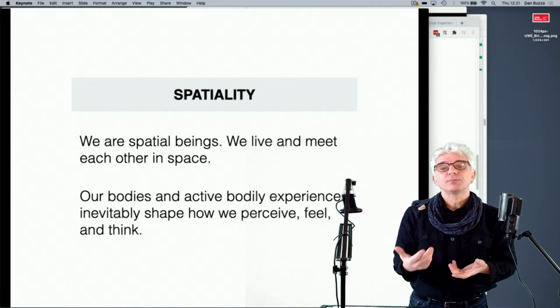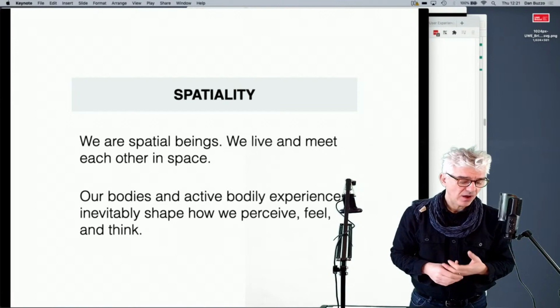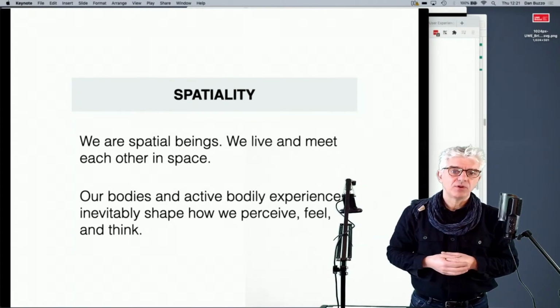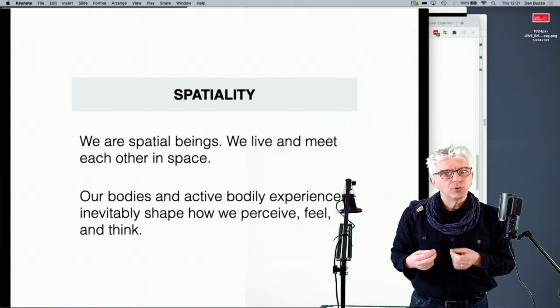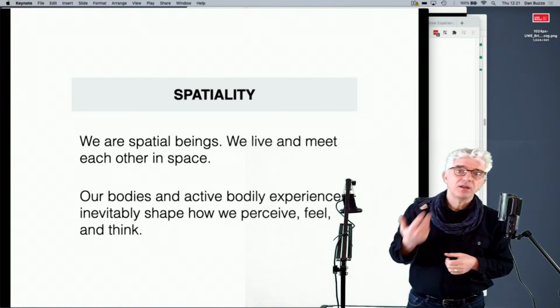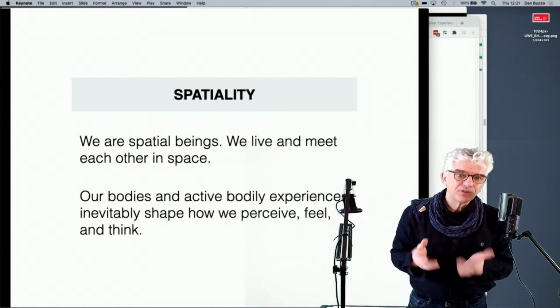So our bodies are a response to gravity and our environment, and we experience the world through the shape of our bodies. And this is an important thing to remember, that we're not a separated mind from a body, and our mind is organized by our body.